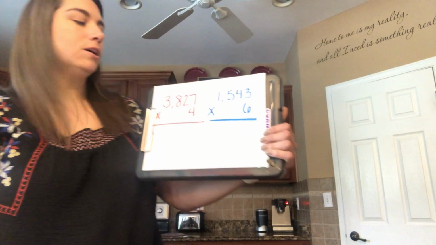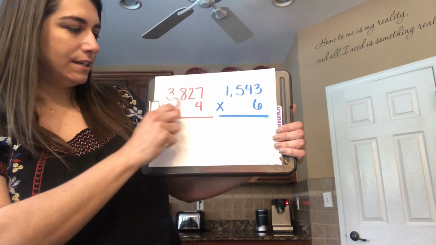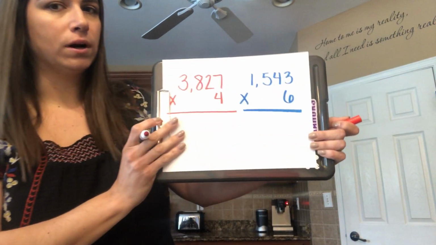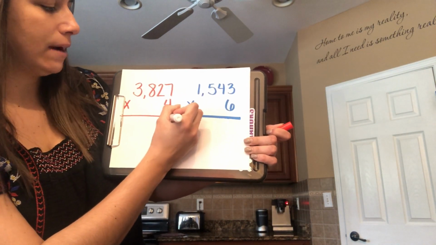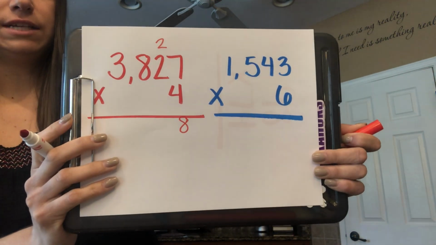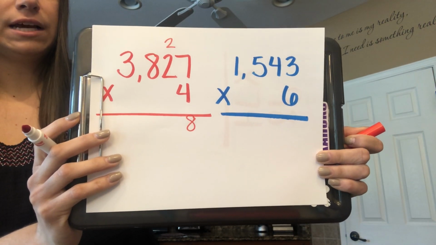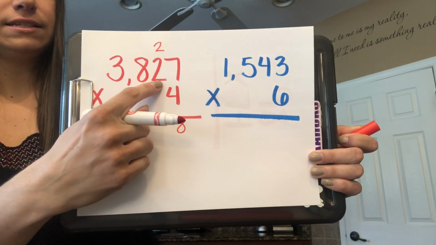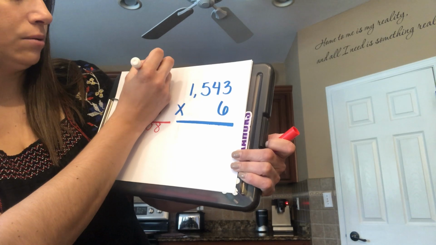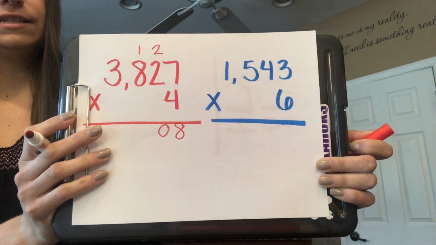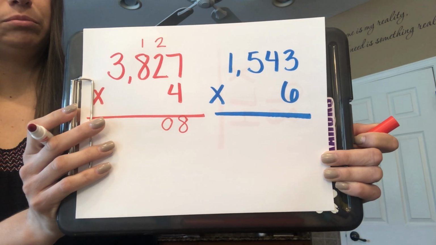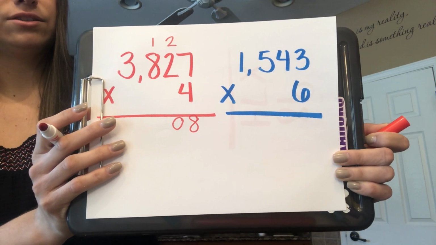All right, so we're gonna start with 3,827 times 4. So 7 times 4 is 28. So I write my 8 and I carry my 2 over to the tens column. 4 times 2 is 8, and 8 plus 2 is 10. So I write my 0, carry my 1. 8 times 4 is 32, and 32 plus 1 is 33.